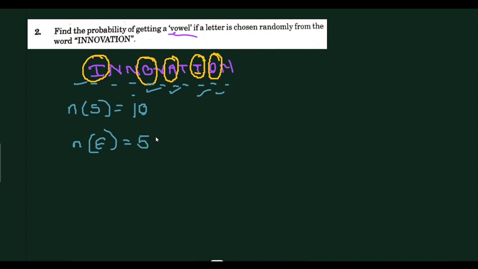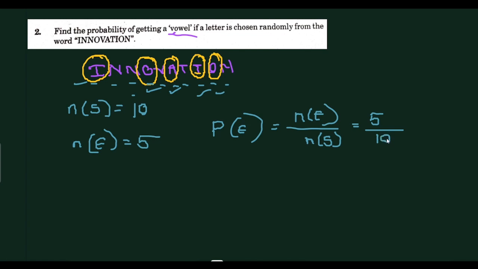Only 5 we have. Now the probability of getting a vowel is n(E) by n(S). So what is the n(E) value? It is 5, and by 10, so that is nothing but 1 by 2, so simply it is 0.5.